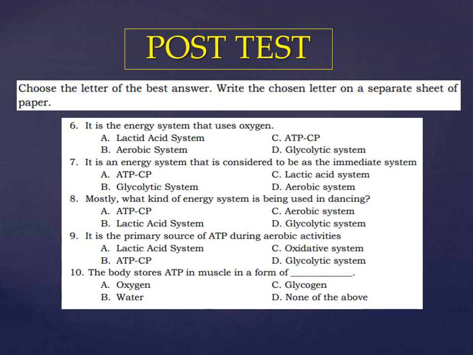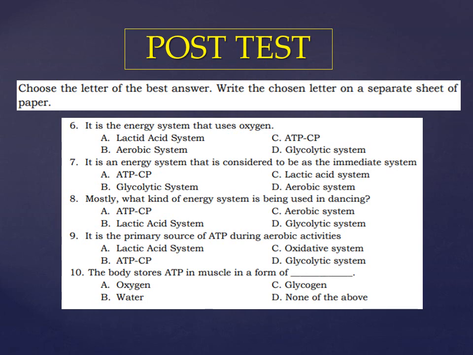9. It is the primary source of ATP during aerobic activities. A. Lactic acid system. B. ATP-CP. C. Oxidative system. Letter D. Glycolytic system.